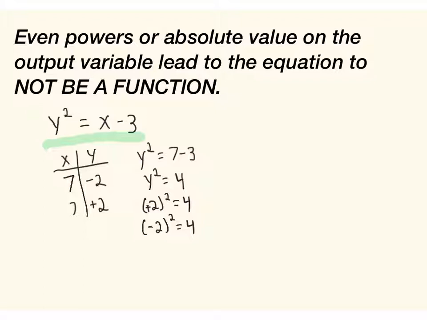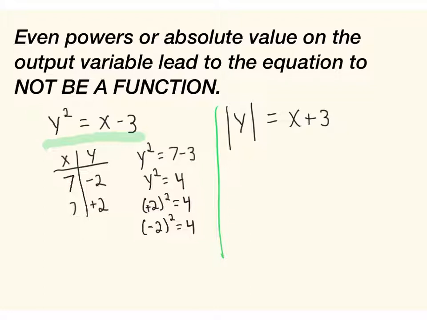Now let me very quickly do one other example, and that would be with the absolute value. Okay, let me get my pen going here. Okay, so let's say that we have the absolute value of y equals x plus 3.